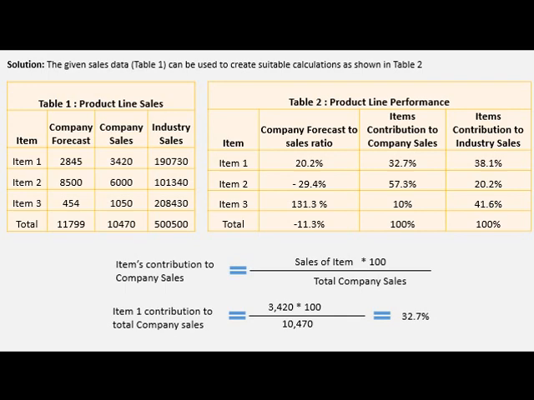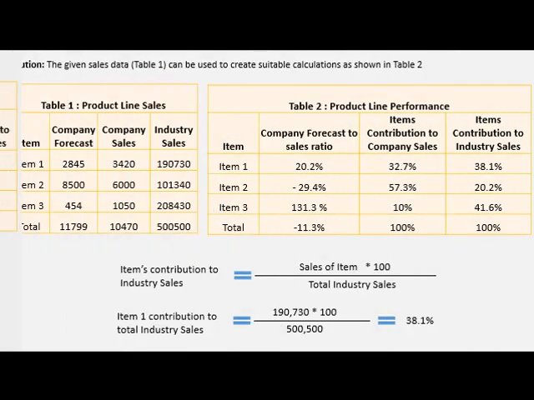The third component of product line performance analysis is calculating the item's contribution to the total industry sales. The total industry sales is the sum of each item's individual sales for the industry. The item's contribution to total industry sales can be obtained by multiplying item sales by 100 to express it in percentage terms and dividing it by total industry sales.